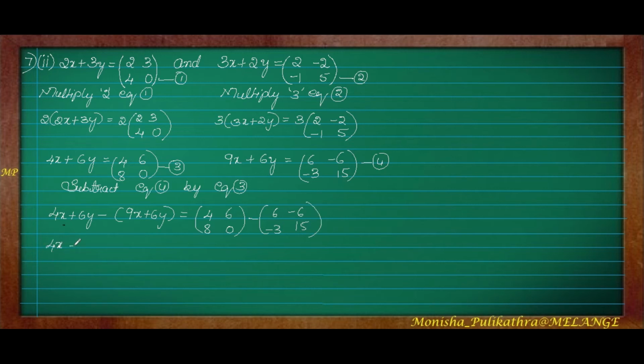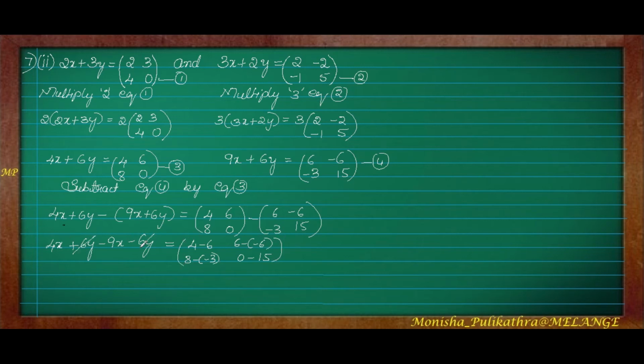So it will become 4x plus 6y minus 9x minus 6y is equal to, here we have to subtract each element of the same position. So 4 minus 6, 6 minus of minus 6, 8 minus of minus 3 and 0 minus 15.